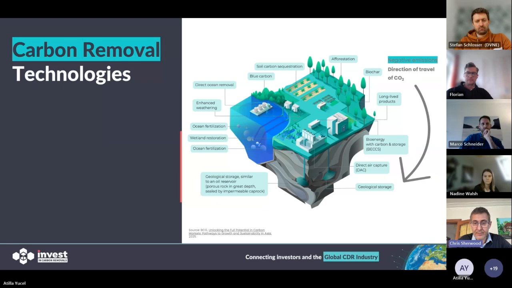In general, we're talking about methods of carbon removal which all take CO2 from the atmosphere and do something with it so that it's stored, we say permanently, or let's say for long durations, which is many centuries to millennia.